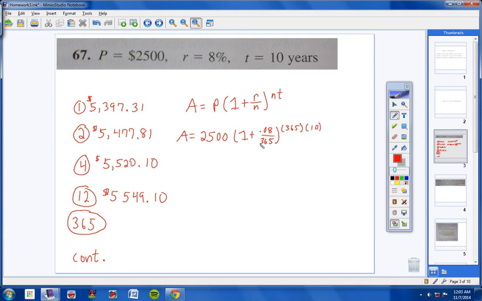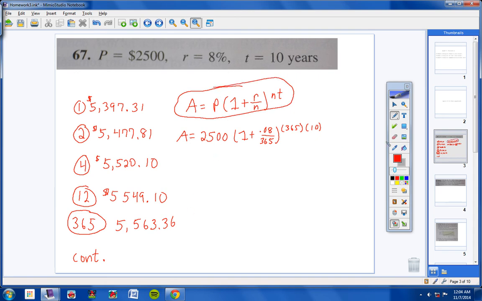And if you type all of this into your calculator correctly, you will come up with $5,563.36. Okay? So there we go. So all of these here, we use the same formula because it was a number of compoundings of interest so many times during a year.